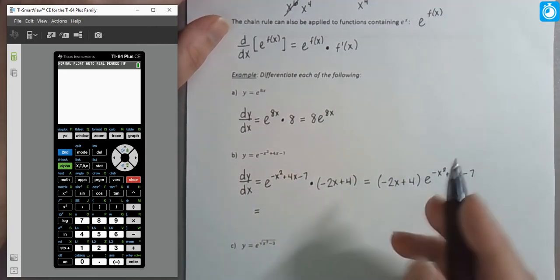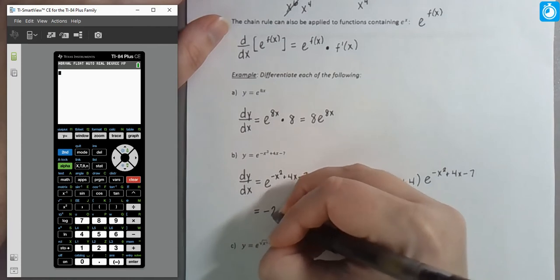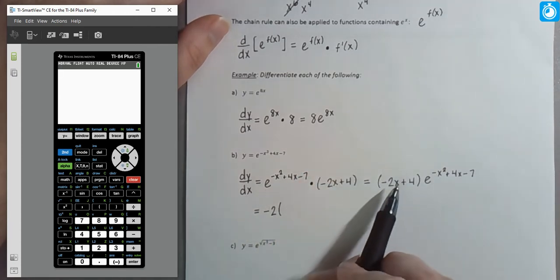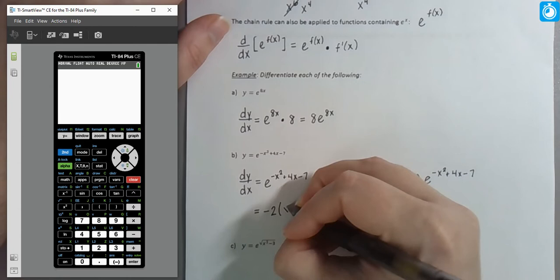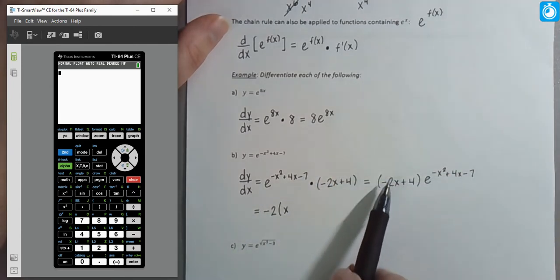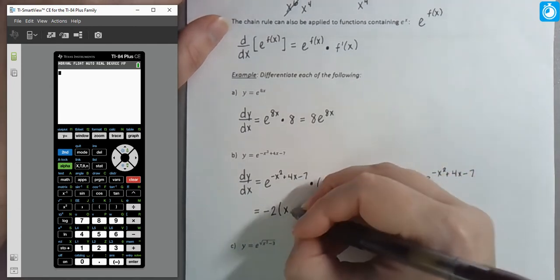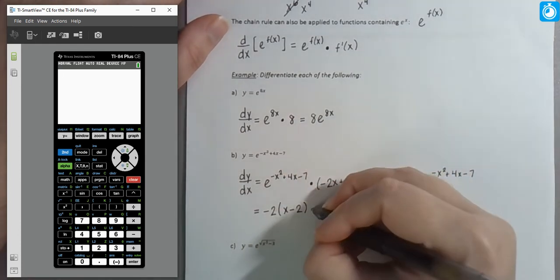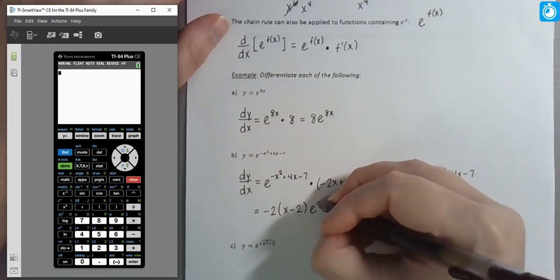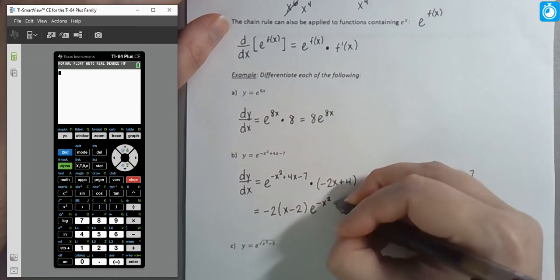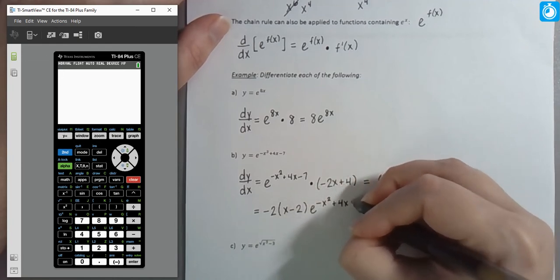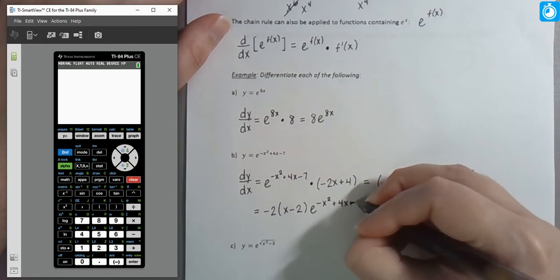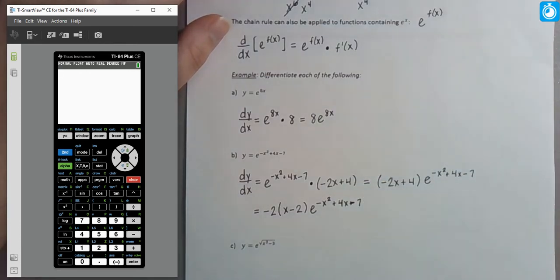So I'm going to factor out a negative 2 from our parentheses, so that's going to leave me with an x, and then watch your sign for the next one. If we factor out a negative 2 from a positive, that leaves us with another negative. And then all of that is multiplied by e to our functional power. Oops, that should be a subtraction. There we go.